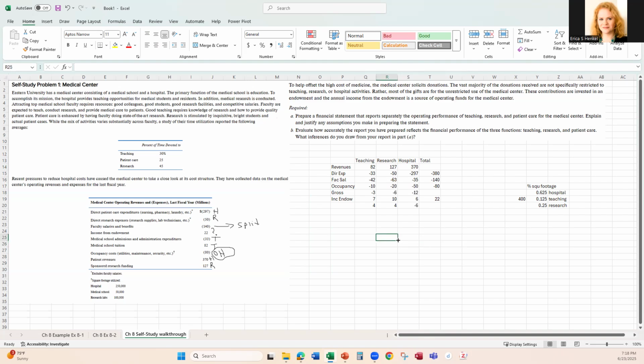Now, if we did this based on square footage here, then that would get us to, because you could say, hey, they're a larger institution, therefore they maybe need more assistance.